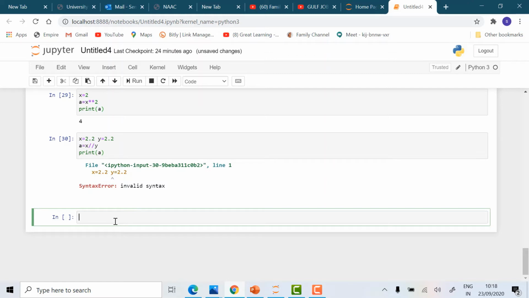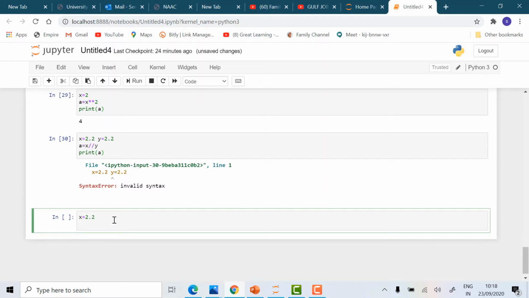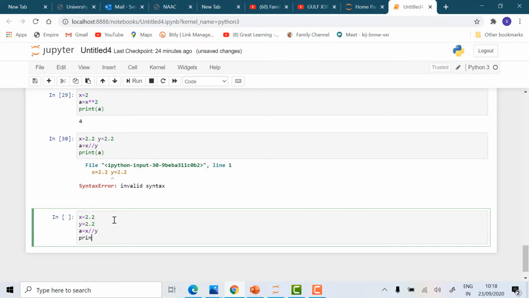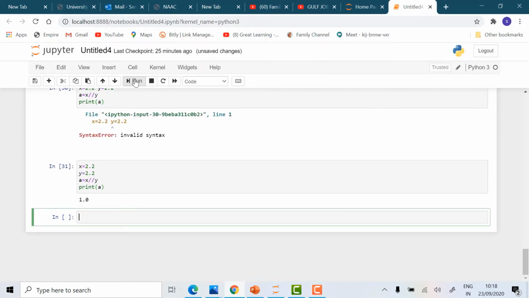Now change the value of x to 2 and put y equal to 2.2 on the next line, a equal to x slash slash y, print of a. You get 1. See, 2.2 divided by 2.2 gives 1, right?